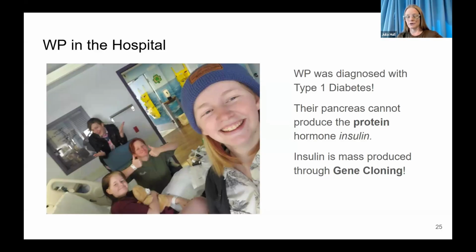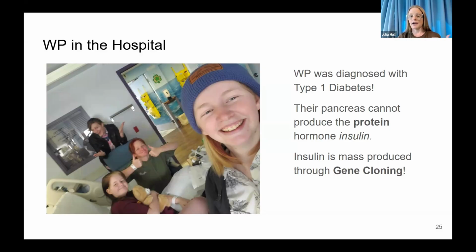Her body can't produce this. So without this protein insulin, which she now has to inject every time she eats, multiple times a day, she would die. So 100 years ago, being diagnosed with type 1 or type 2 diabetes was a death sentence.